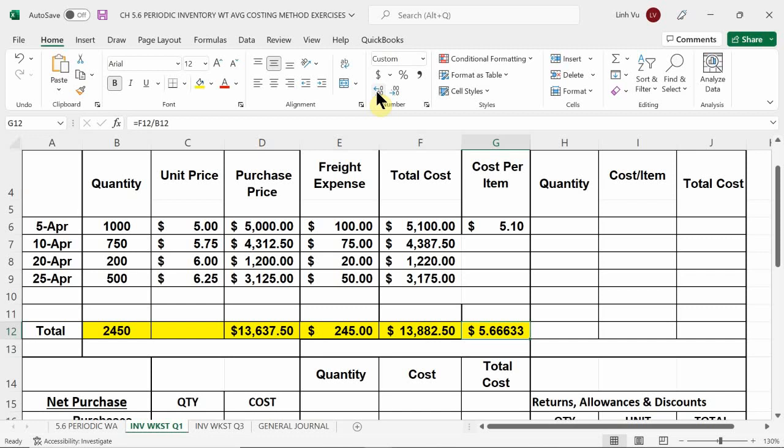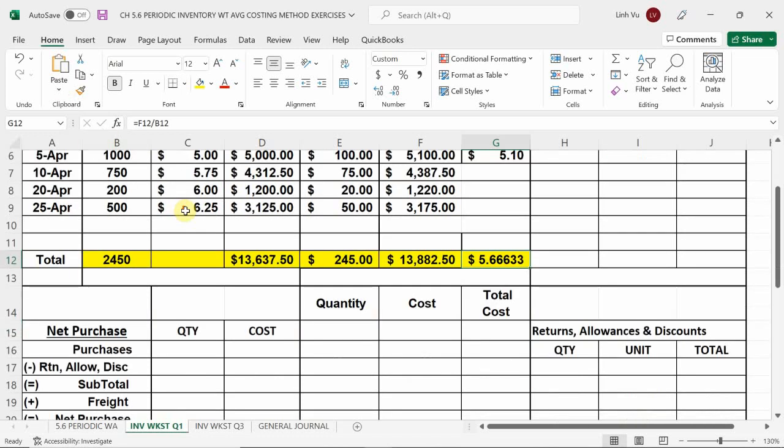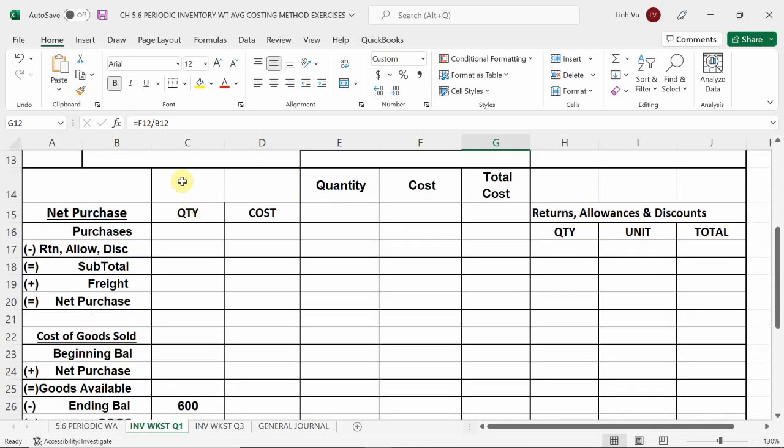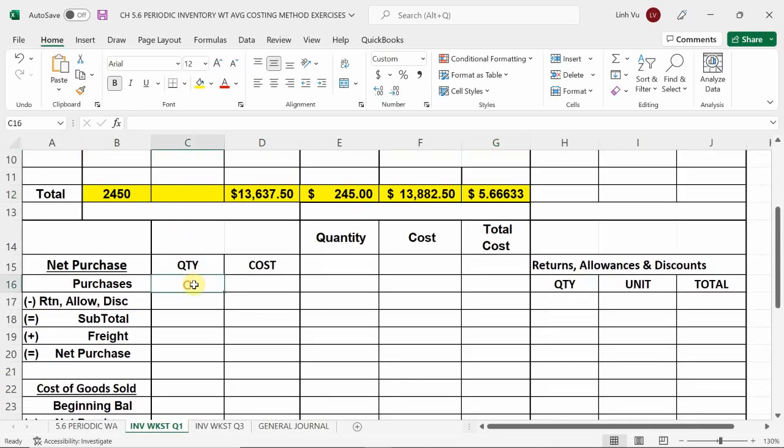Good. That means on average, each one is going to cost about $5.666333. Good. So let's go ahead and plug our numbers in for our net purchases here.